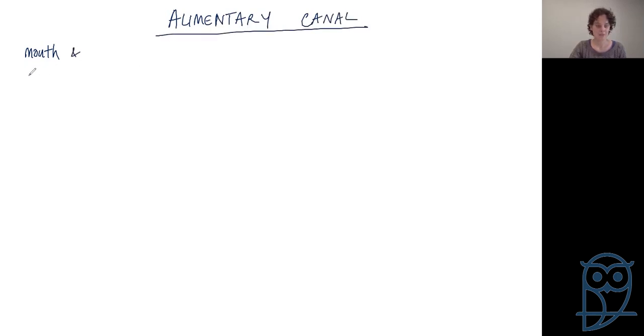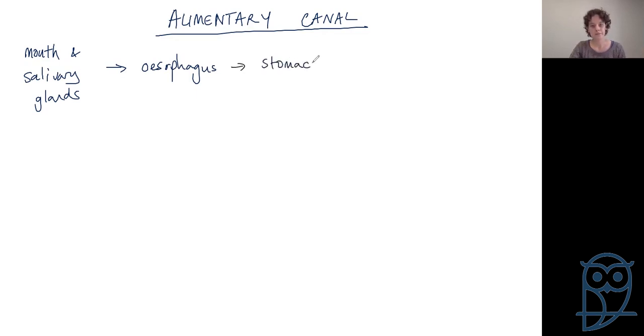So we have the mouth and the salivary glands. They work very much together. Then we're going to look at the oesophagus. Okay, so pronounced esophagus, but oesophagus helps with that memory of how to spell it. From here we move to the stomach. And then from the stomach you move to the small intestine.